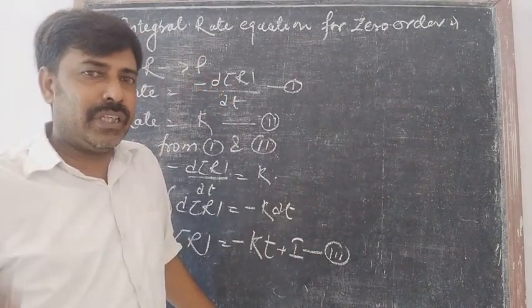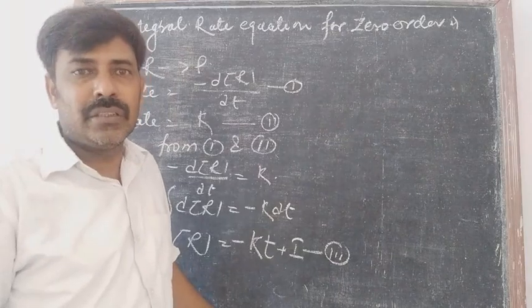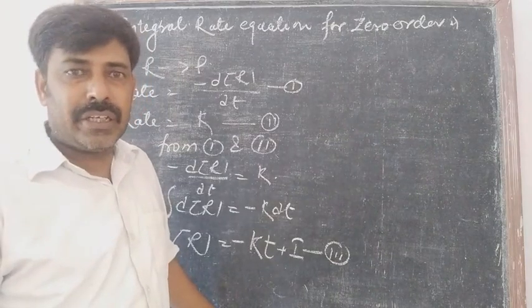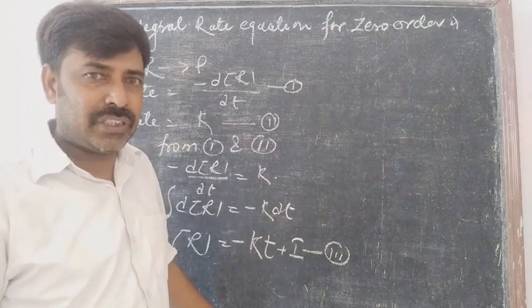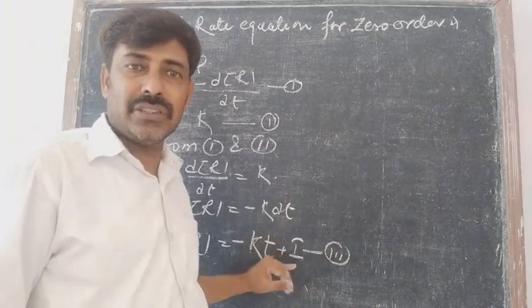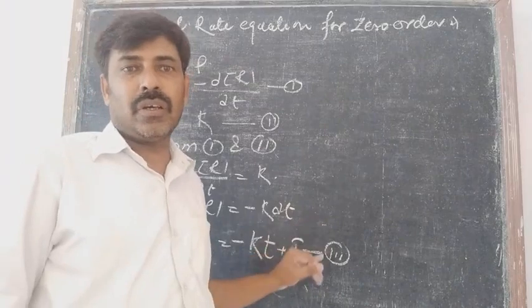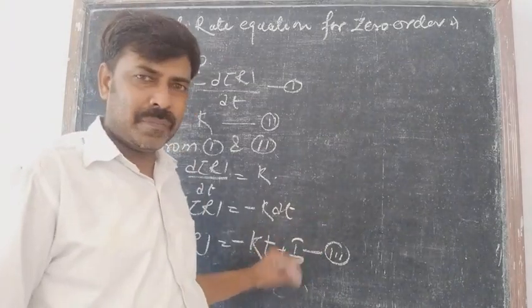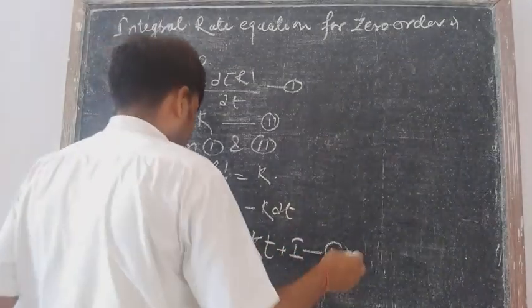In chemistry we designate concentration with the letter C, and in math we designate the constant with the letter C. So to avoid confusion whether this is the concentration or the constant, I have written I. You can also write C.